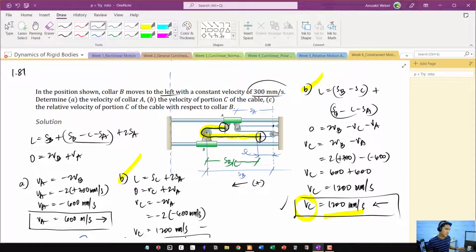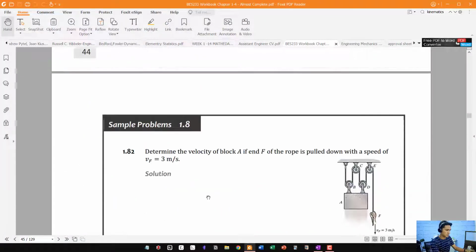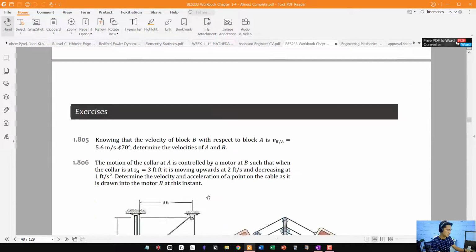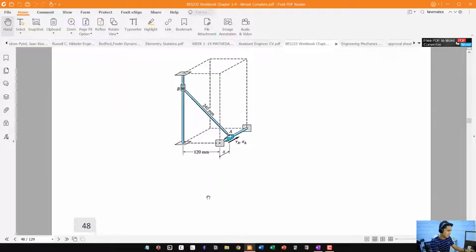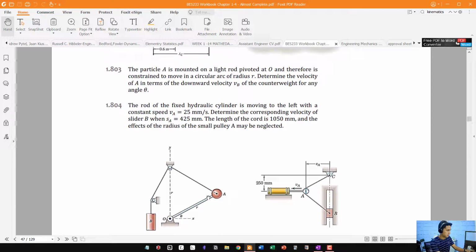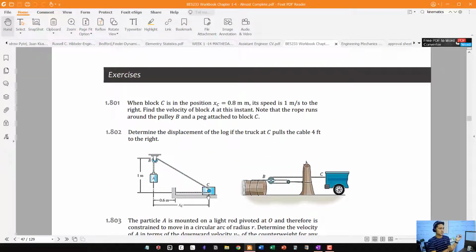I hope you learned something new and got excited by this topic. There are a lot of interesting sample problems in mechanics books, so just try to practice them, especially this one. Thank you for your attention.